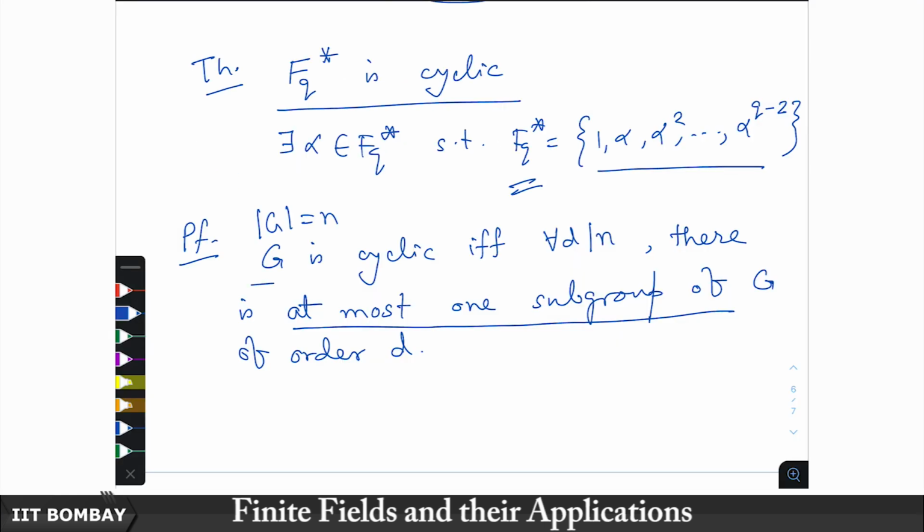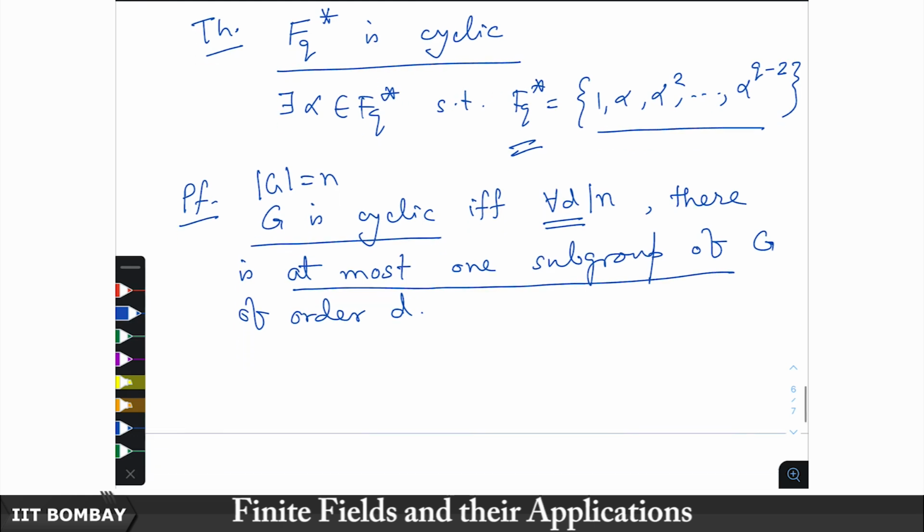So, to prove that a group is cyclic, all we need to do is show that for every factor of n, there is at most one subgroup of order d. So, let us take F_q star. So, q minus 1 is the order of F_q star.